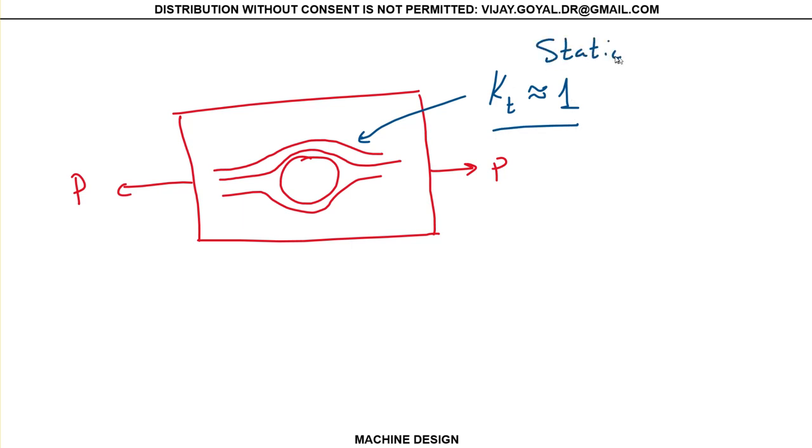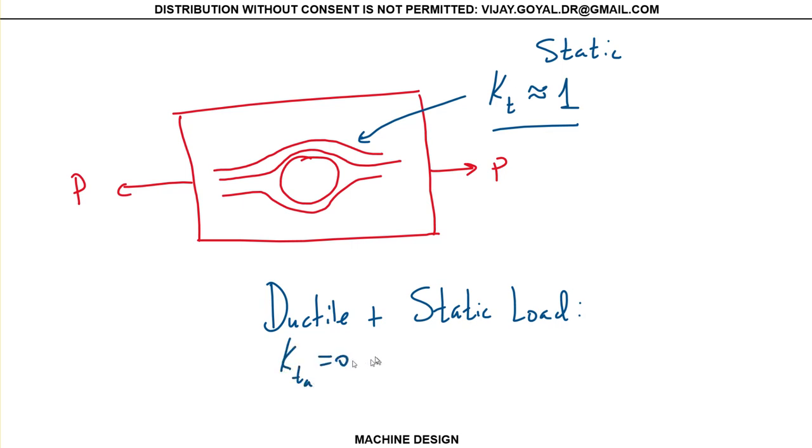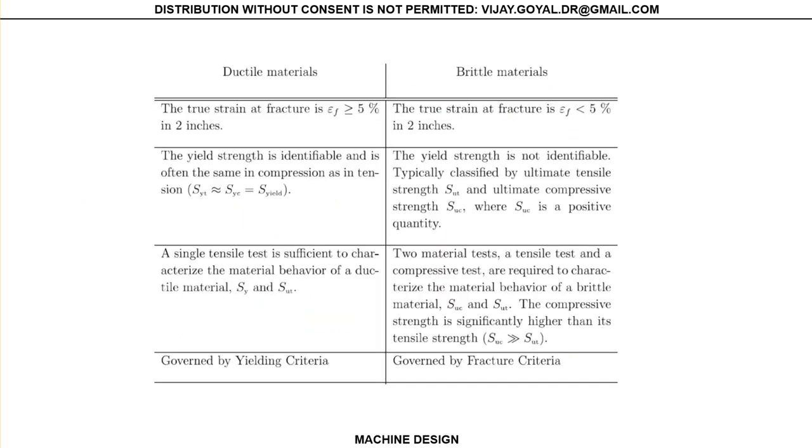So for any case we are working with ductile materials plus a static load, we can safely say take KTA equal to 1, take KTB equal to 1, take KTS equal to 1. So you don't have to consider stress concentration factors at all for a ductile material. Now, remember, ductile material only for static.